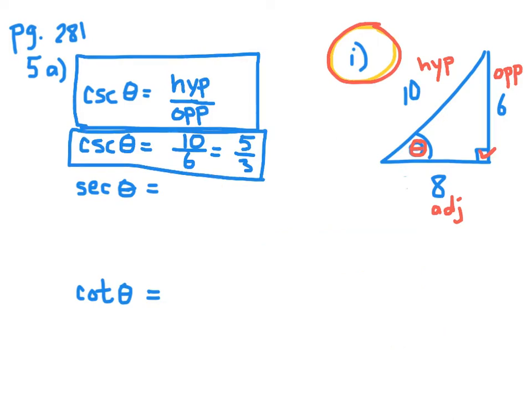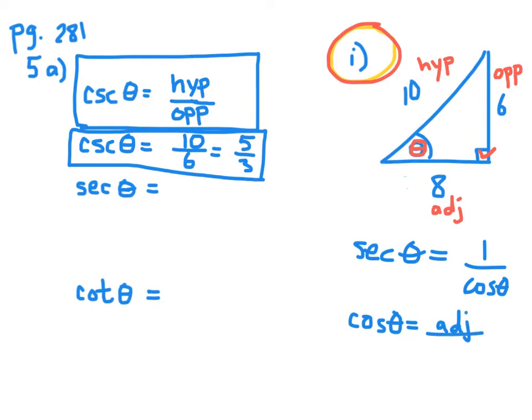Likewise, we know that secant is the reciprocal of cos. So secant is 1 over cos, or cos theta is 1 over secant. Now we know that cos theta from SOHCAHTOA is adjacent over hypotenuse. If you don't know these things, you're going to have to look back at your grade 10 notes. But SOHCAHTOA describes all of the trig ratios of a 90-degree triangle.